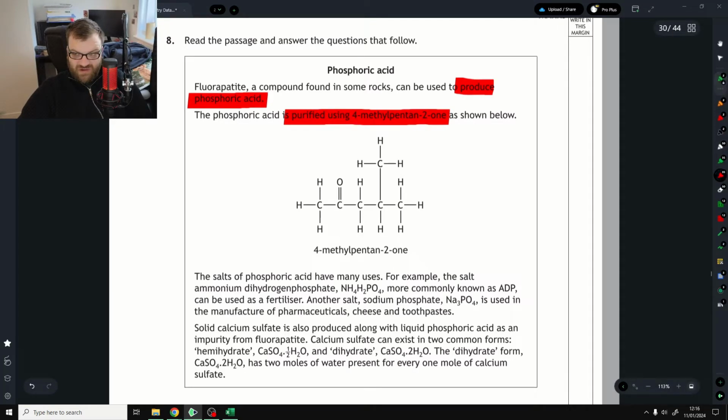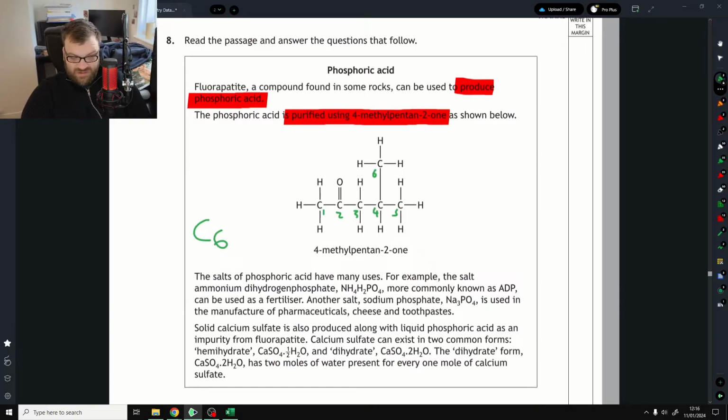We need to just count up the number of carbons and hydrogens and oxygens. There are 1, 2, 3, 4, 5, 6 carbons. So C6. There are 1, 2, 3, 4, 5, 6, 7, 8, 9, 10, 11, 12 hydrogens.